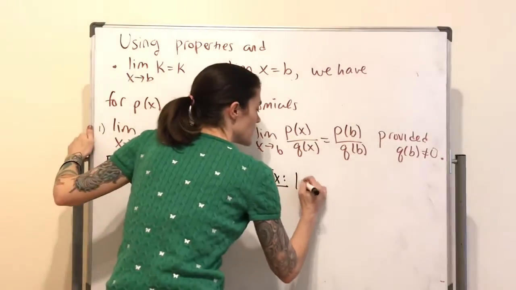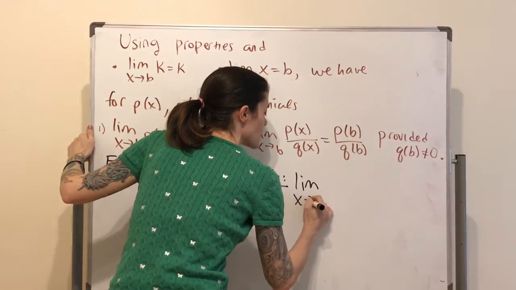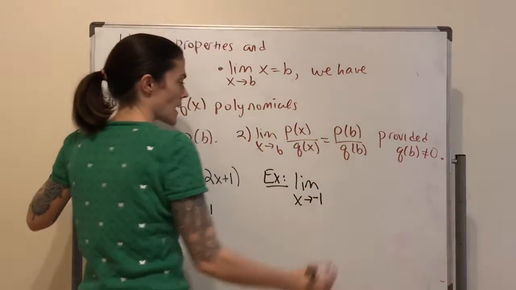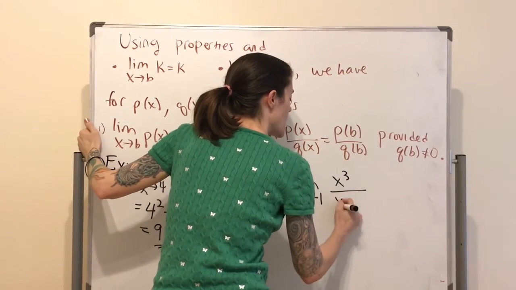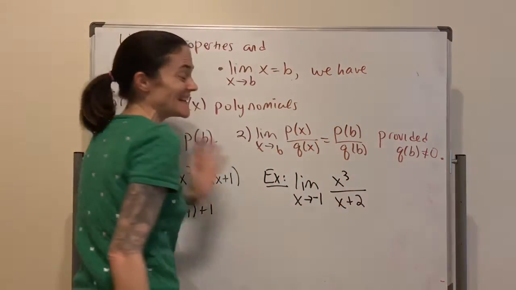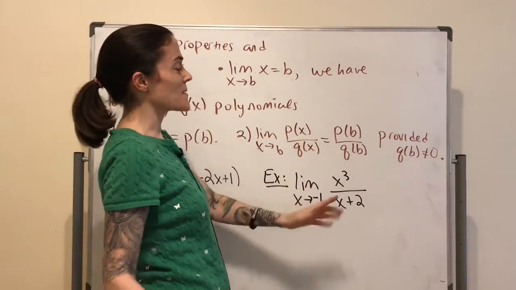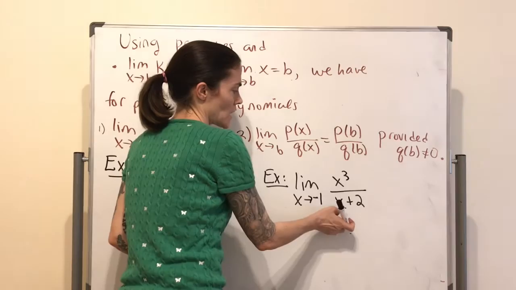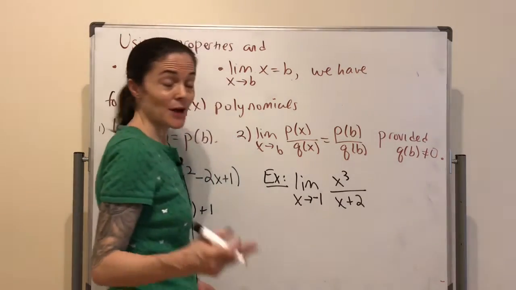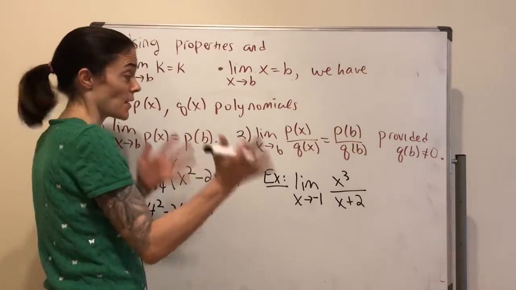If we take the limit as x approaches negative 1, say, of x cubed over x plus 2. This is a rational function, polynomial divided by polynomial, and if you evaluate the denominator at minus 1, you don't get 0.